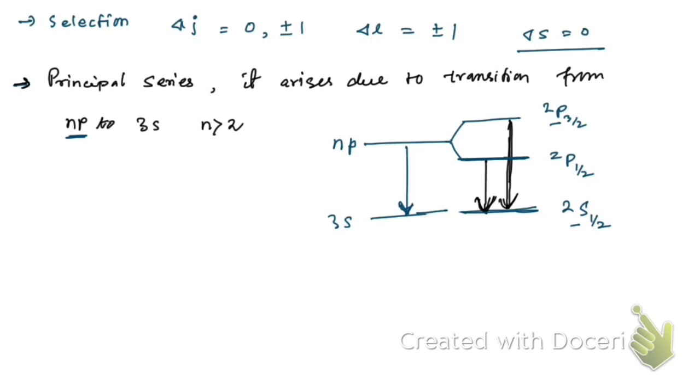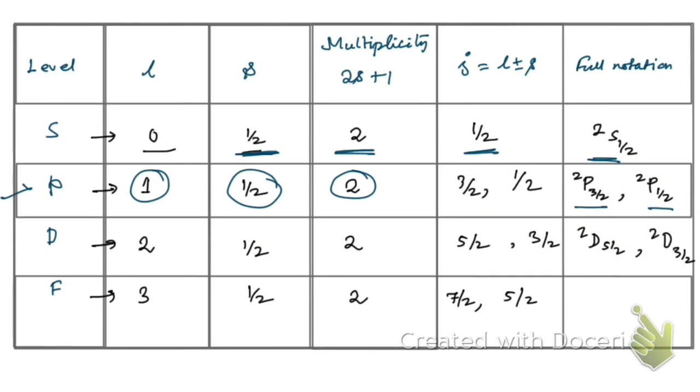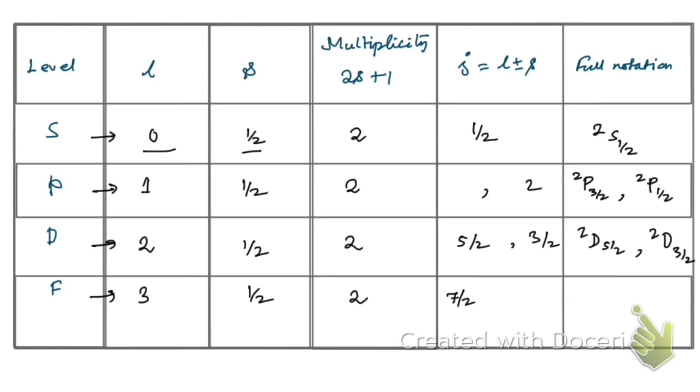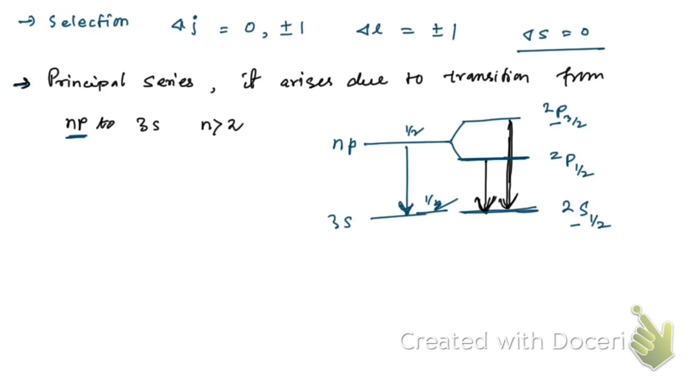Yeah, here obviously 0, because the spin quantum number for both p and s is half, right? So half we have already got in this table. So this is the principal series.